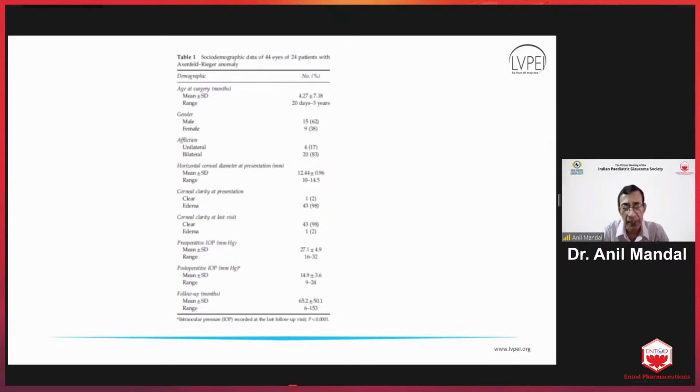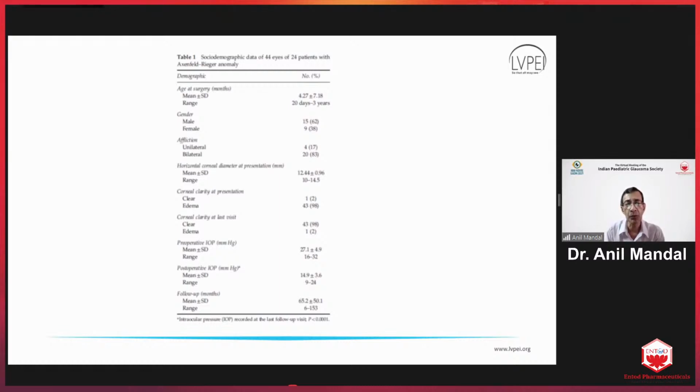Over a period of 20 years, 1991 to 2010, 44 eyes were included in this. 20 patients had bilateral affliction. Only 4 patients had unilateral affliction. Mean age at surgery was 2.5 months. That is, most of the patients belong to congenital onset or early infantile onset glaucoma.